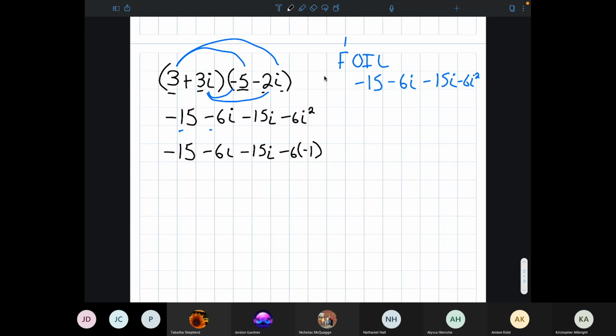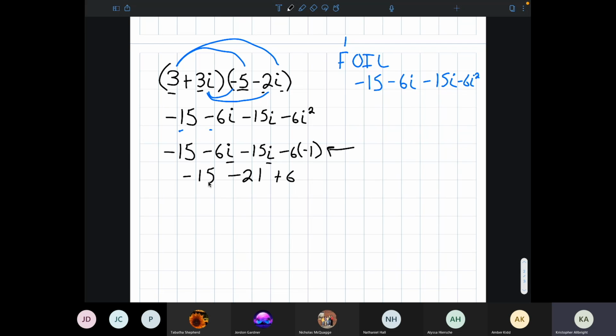Okay. So after we substituted our i squared for negative 1 right here, now we just work it down and we try to get it a little simpler. So when we do that, we're just going to combine like terms. So our i's are like terms. So negative 6 minus 15 is going to give me negative 21. And now I have positive 6 here and negative 15 here.